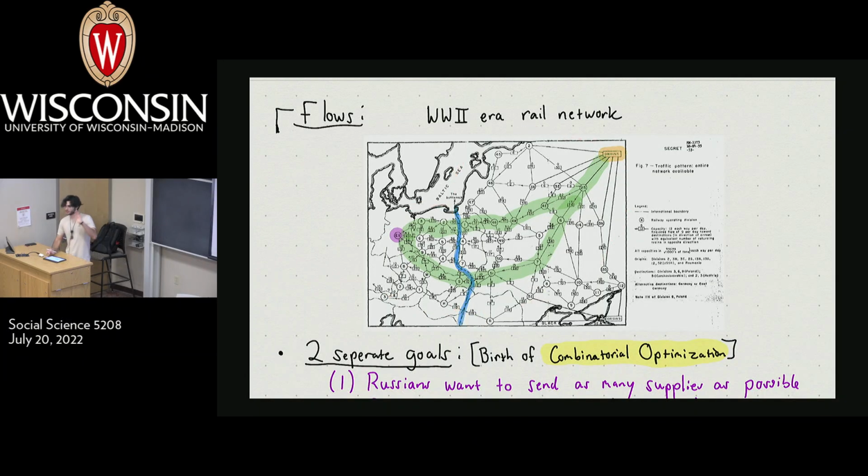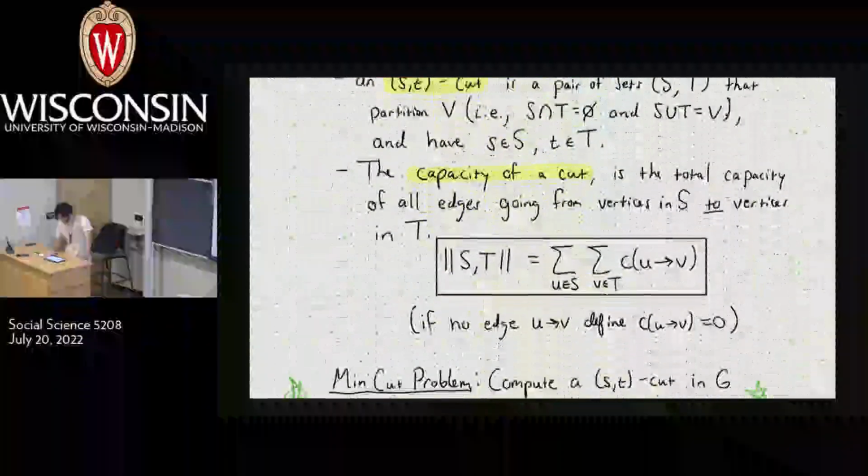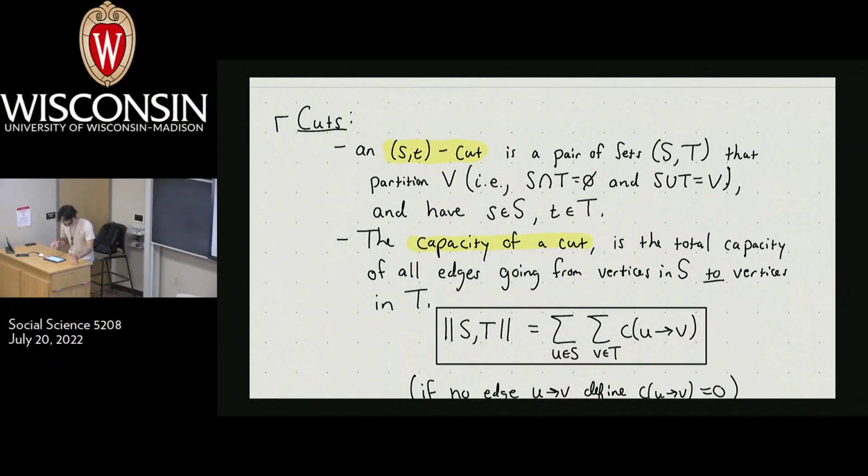It completely partitions the set of vertices. And one additional restriction that makes it an ST cut specifically is you need little s, the source, to be in the left side of the cut, capital S, and little t, the sink, needs to be in the right side, capital T.